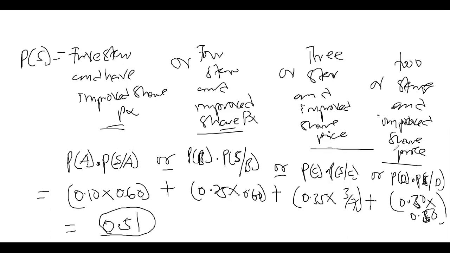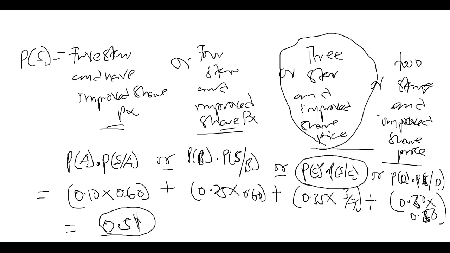But the question says that if it has improved its share price, what is the probability that it's a 3-star? So although the possible outcomes are 0.51 probability, the favorable outcome is that it is a 3-star, okay? So we now pick the 3-star term here to be the numerator. Remember, probability is number of favorable outcomes over number of possible outcomes, okay?